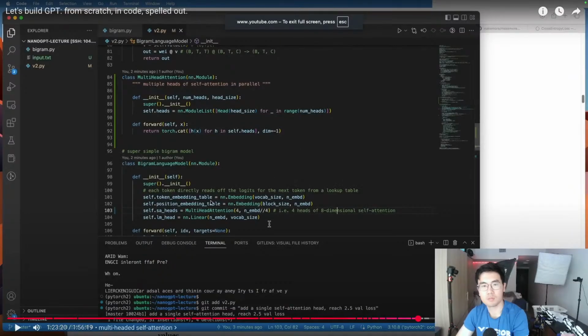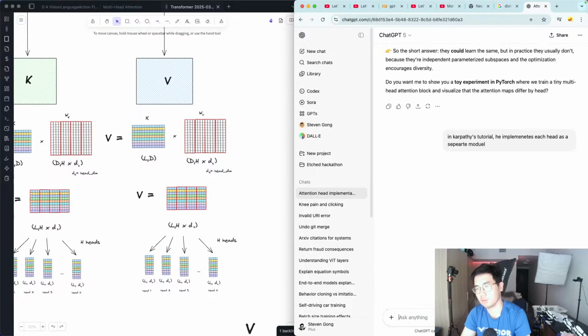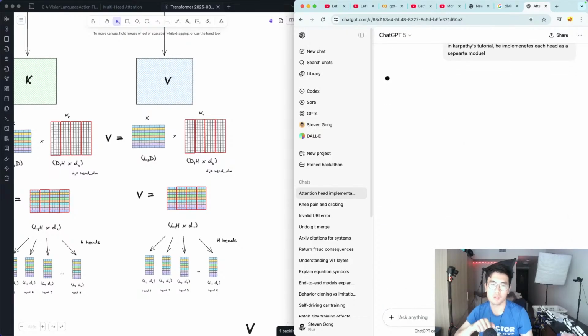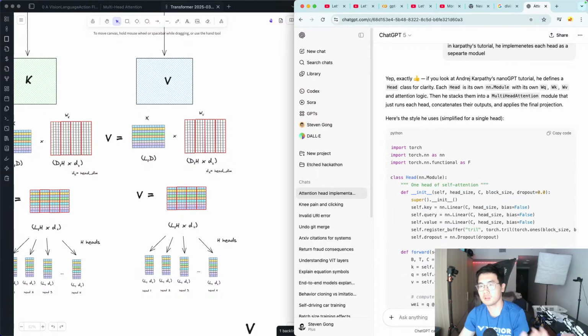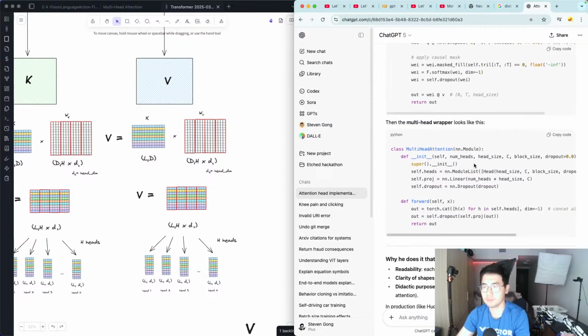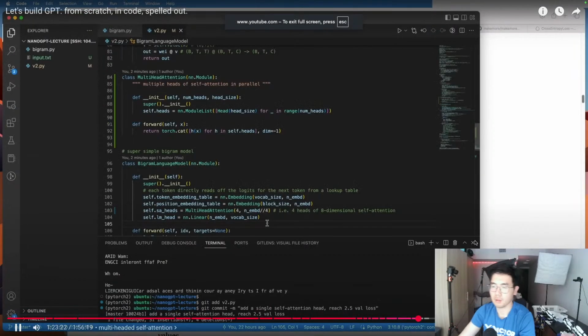From each communication channel, we gather 8-dimensional vectors, and then we have 4 of them, and that concatenates to give us 32, which is the original n_embd.